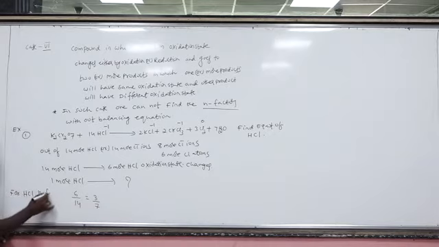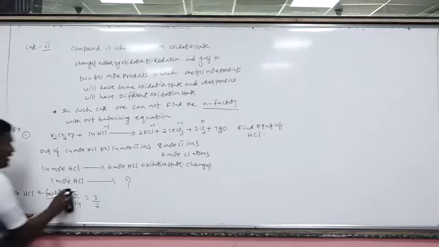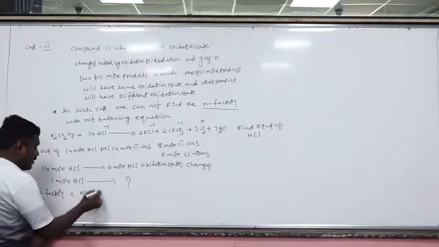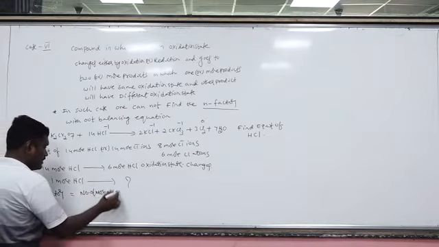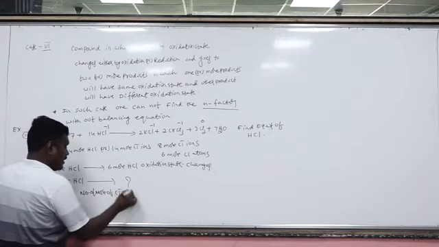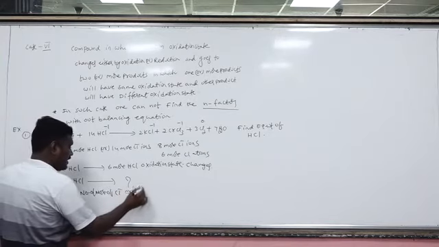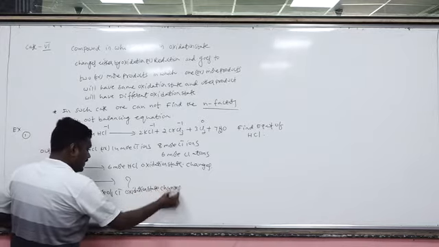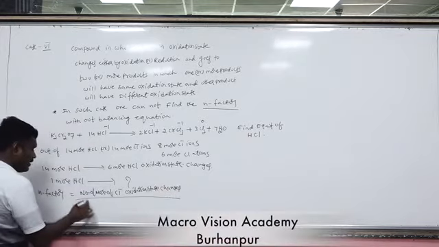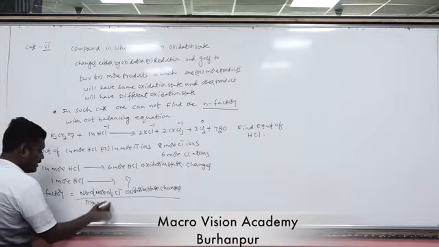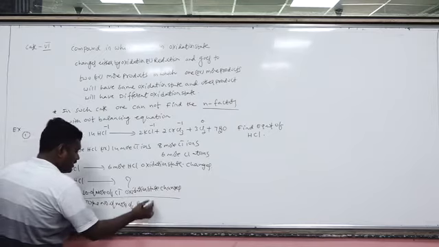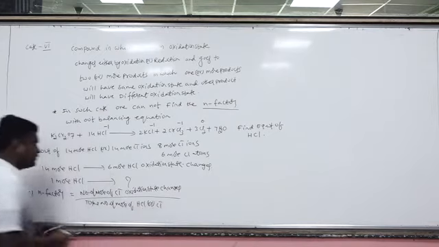This is the n factor of HCl. So n factor of HCl, I am writing like this: number of moles of Cl minus whose oxidation state changes, divided by the total number of moles of HCl or Cl minus.